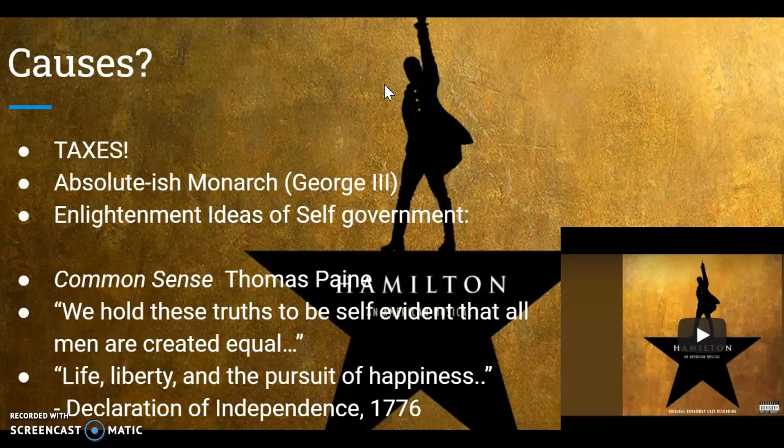These people, and Alexander Hamilton, who was very young at this time, but he would be influenced by those people too. So you had these people thinking about these ideas of John Locke and Voltaire and Rousseau, and thinking maybe this is the way to go. So you had, of course, the great work by Thomas Paine, Common Sense, and then in 1776, the Declaration of Independence.